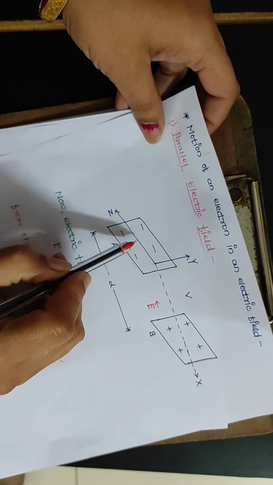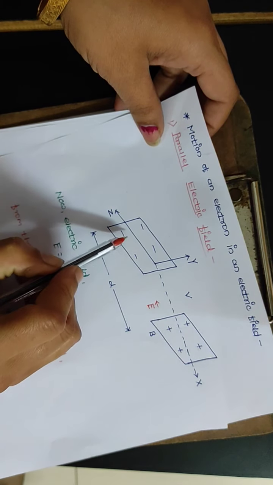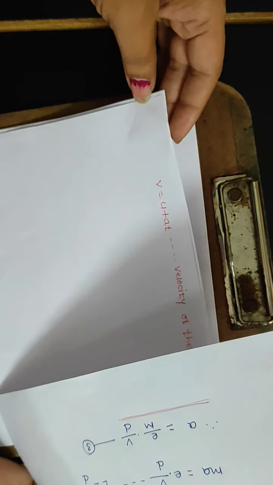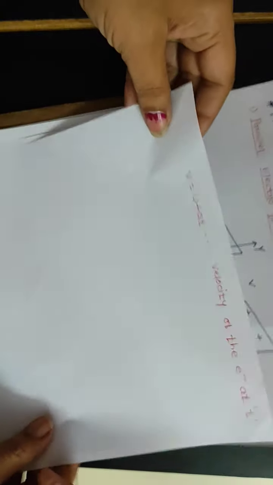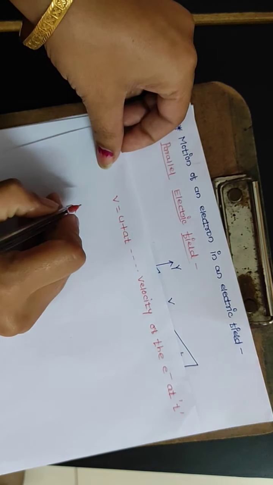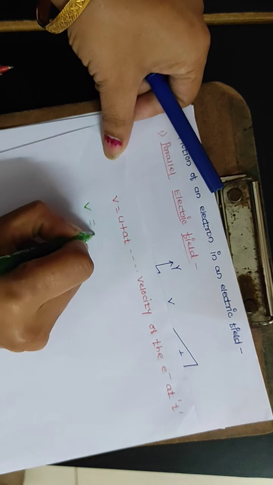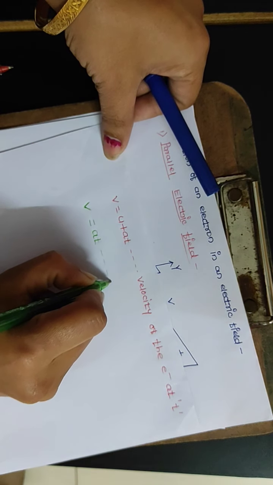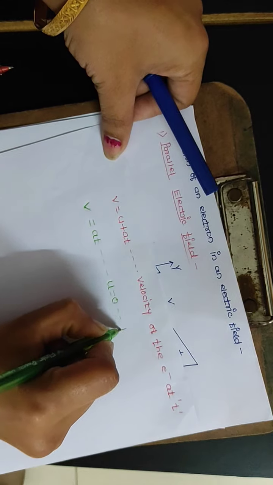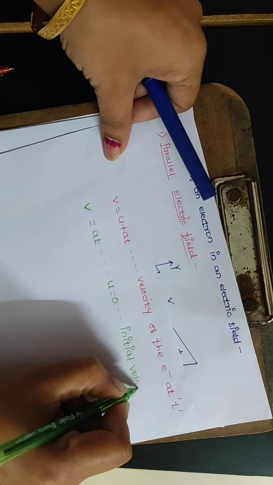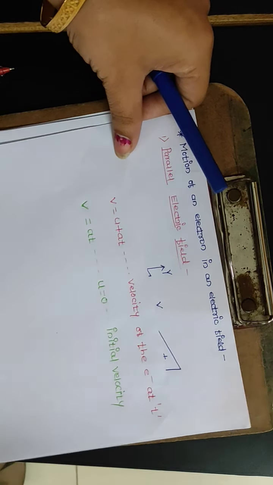As the electron starts from plate A where it is at rest, the initial velocity u is equal to 0. So the equation becomes v is equal to a t, because u is equal to 0, the initial velocity.